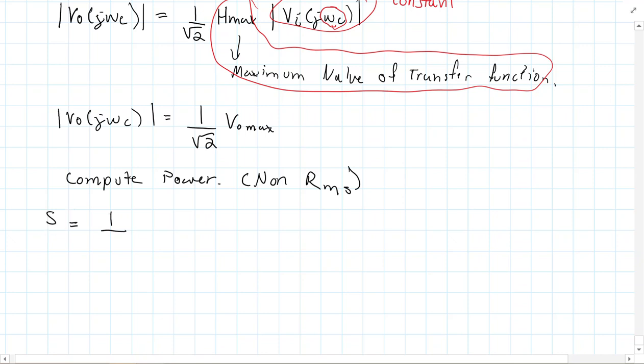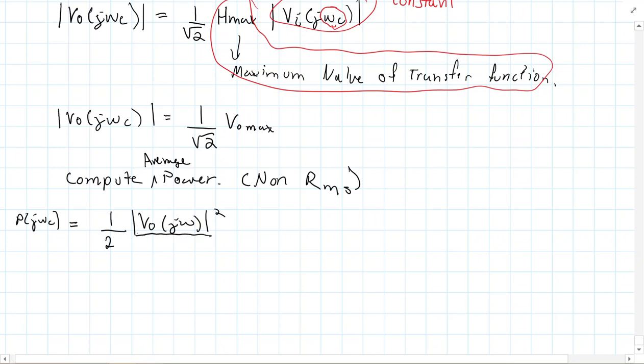We actually are just going to look at the average power. Compute, we'll say average power. So P at j omega c would be 1/2 the magnitude of the output voltage at j omega c squared.